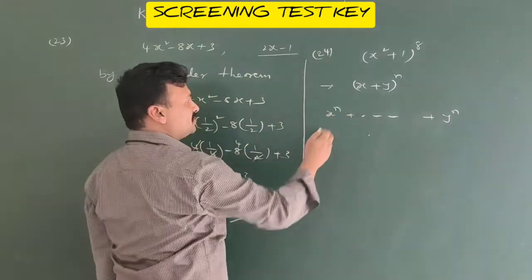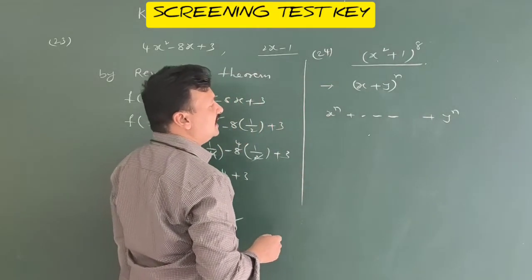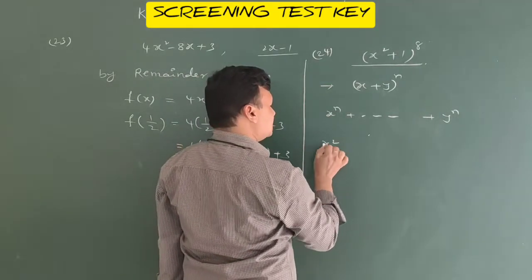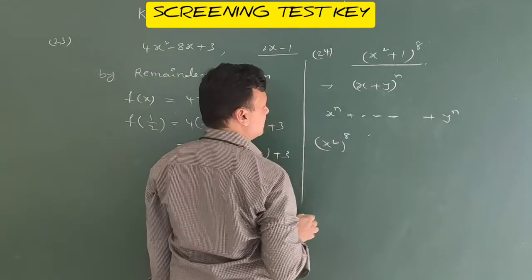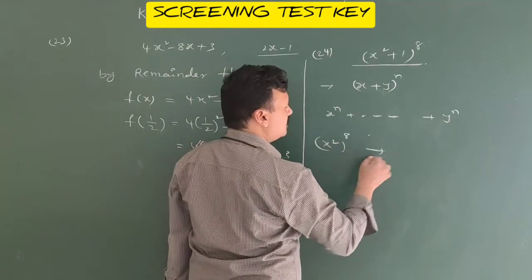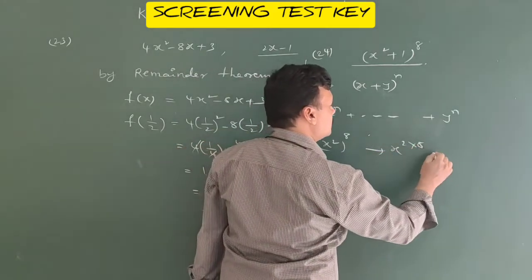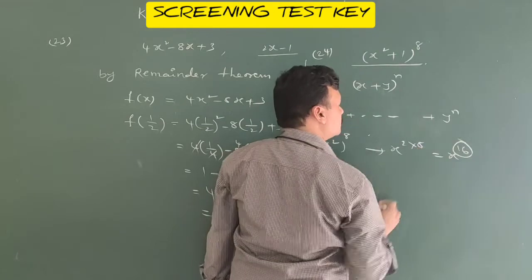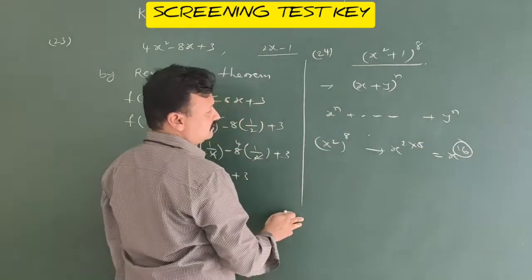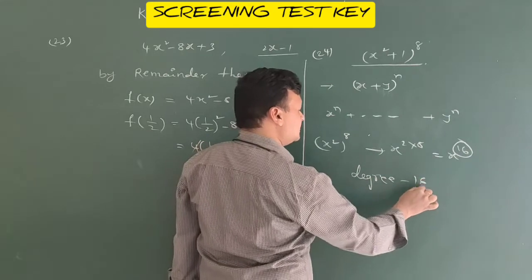According to the binomial expansion, here (x square plus 1) whole power 8, so (x square) whole power 8 is the first term. So x power 2 into 8 equals 16. So the highest power is its degree. So the degree is 16.